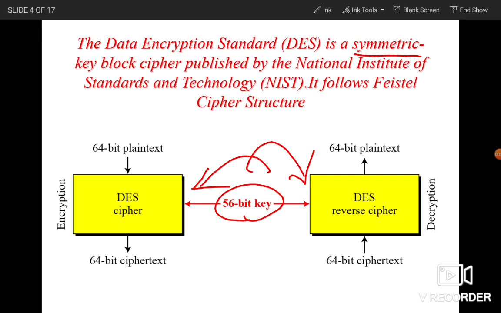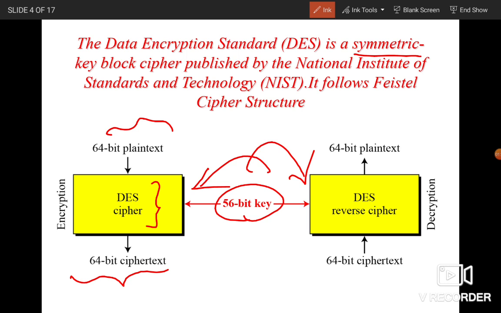The general structure of the DES algorithm is given in the figure. We have the plain text as the input, whose size is 64 bits, and it is given as input to the DES cipher. For encryption we use a 56-bit key, and we get the ciphertext, that is scrambled text.